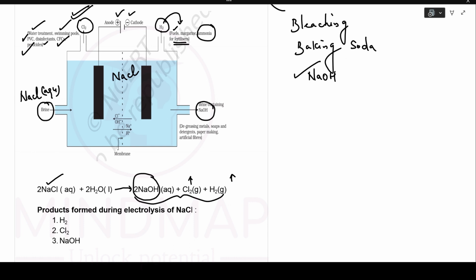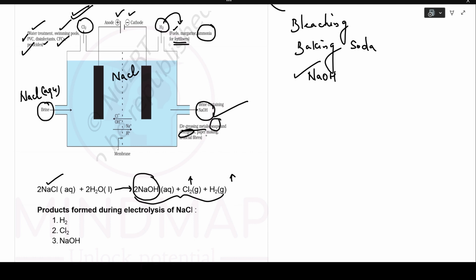Next is sodium hydroxide that is left. See, hydrogen gas and chlorine gas are released. And what is left in the brine is sodium hydroxide. And this sodium hydroxide is used in degreasing metals. Right? Grease करते हैं, उसको degrease करने के लिए we use sodium hydroxide. It is also used in making soaps and detergents. We use soaps and detergents every day.